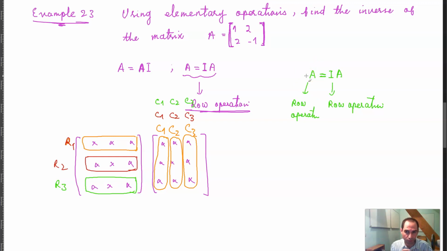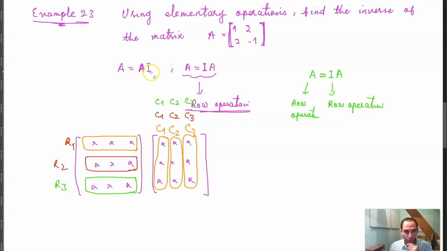I can do whatever I want on that. And whatever I do here, I have to do the same thing on the other side of the equation as well. Over here, I'm allowed to do only row operations, and therefore I write my matrix this way and I do row operations.